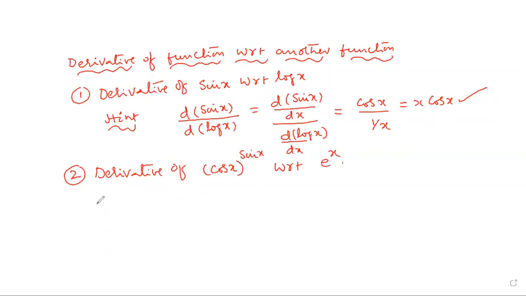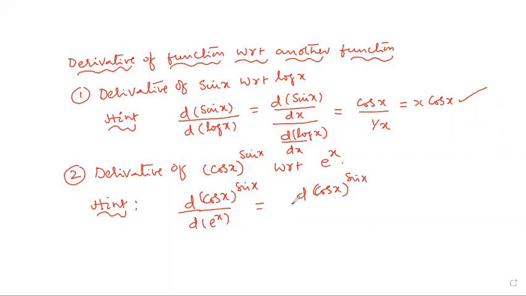First write it down symbolically. It is represented by the derivative of cos x power of sin x with respect to e power of x. Not possible directly, so immediately write down: the derivative of cos x whole power of sin x, divided by the derivative of e power of x with respect to dx.